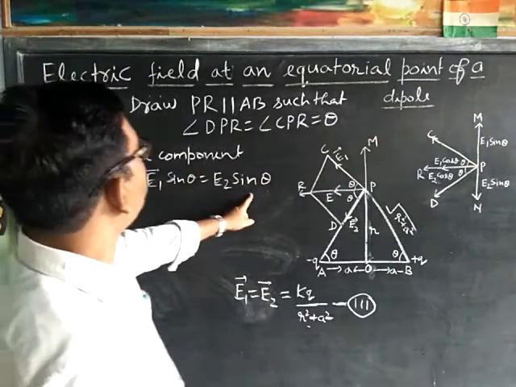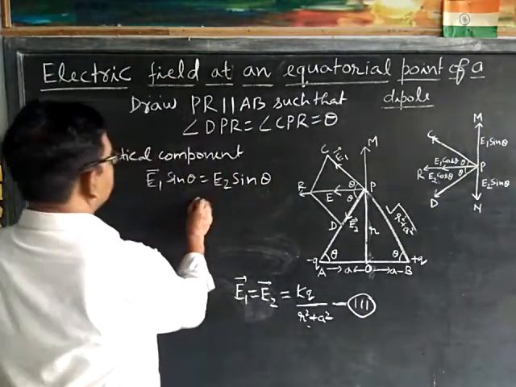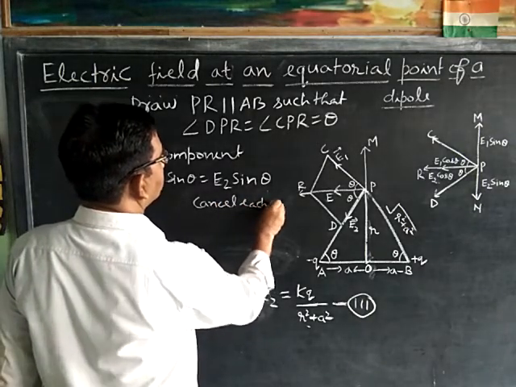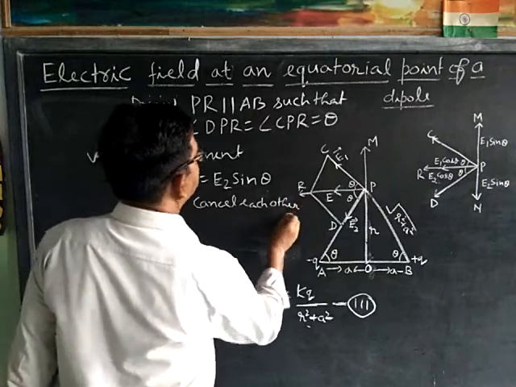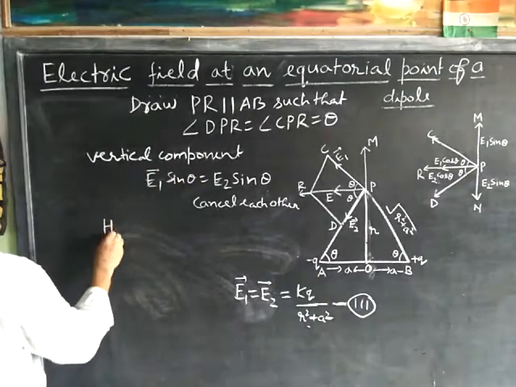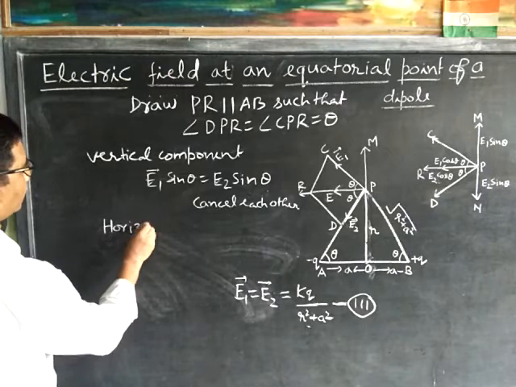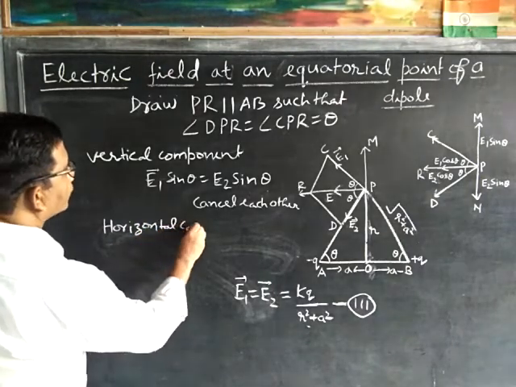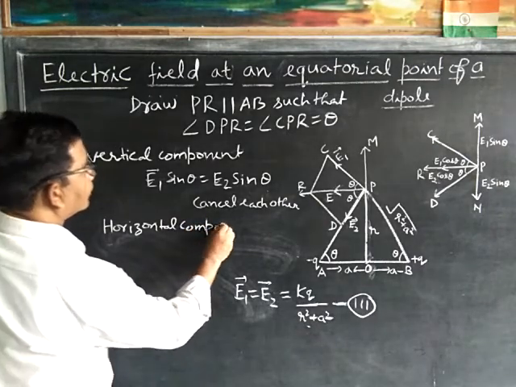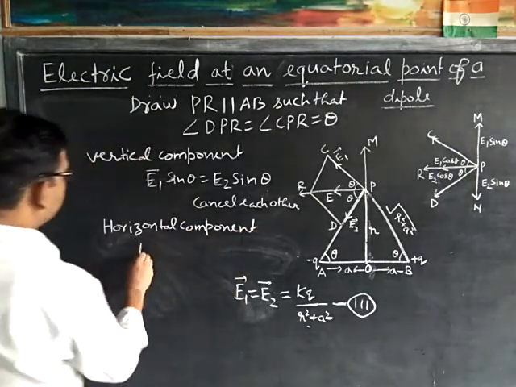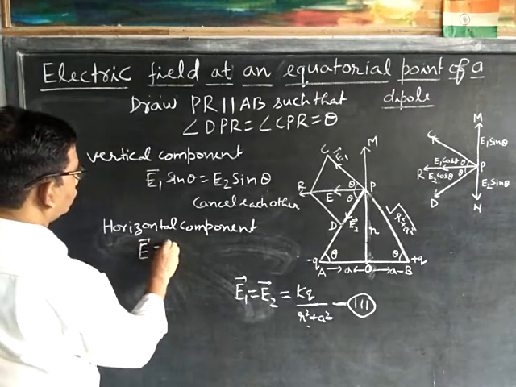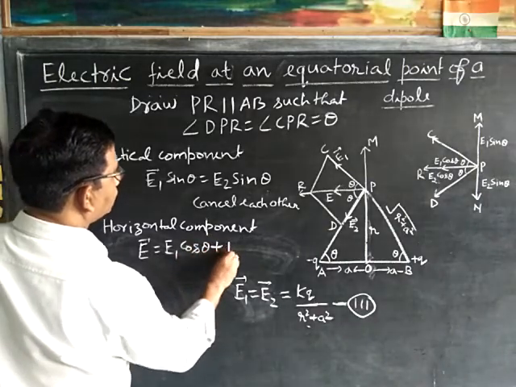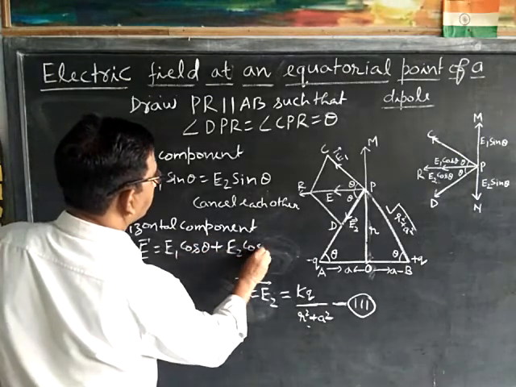Since E1 is equal to E2, they cancel each other. For the horizontal component, E is equal to E1 cos theta plus E2 cos theta.